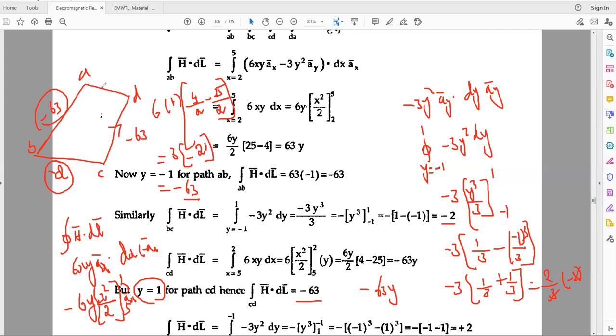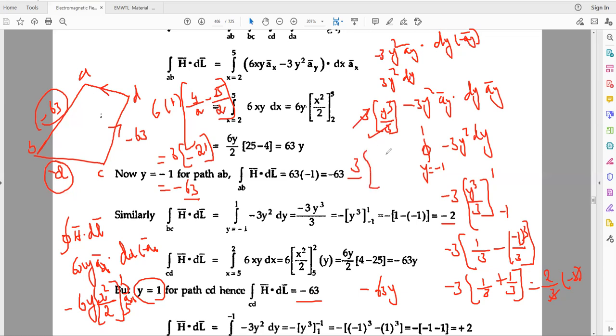And D to A is in the y direction. So you can take minus 3y square ay bar dot dy into minus ay bar. So minus into minus is plus, so y square dy, and the integral of 3y square is y cube by 3, and 3 by 3 gets cancelled.